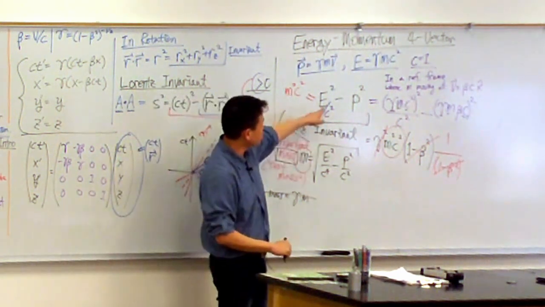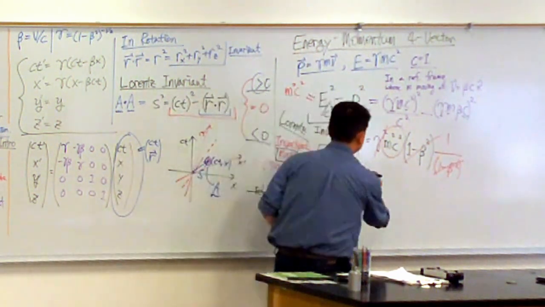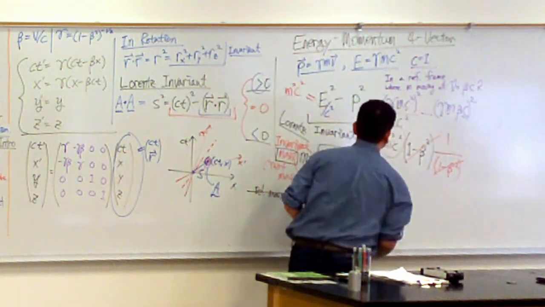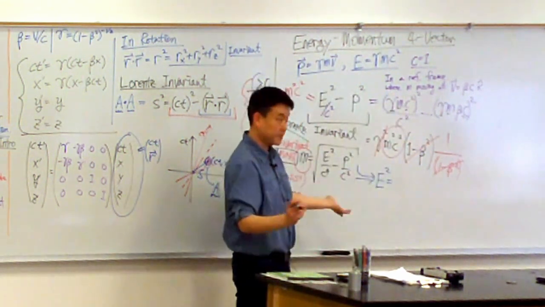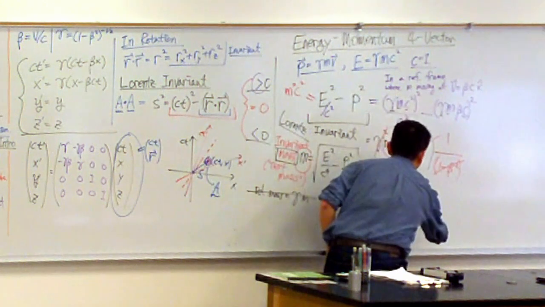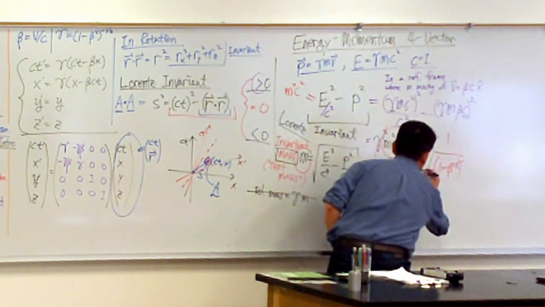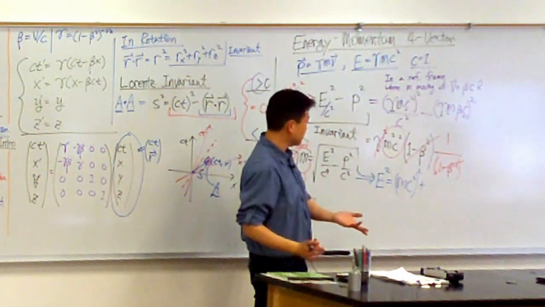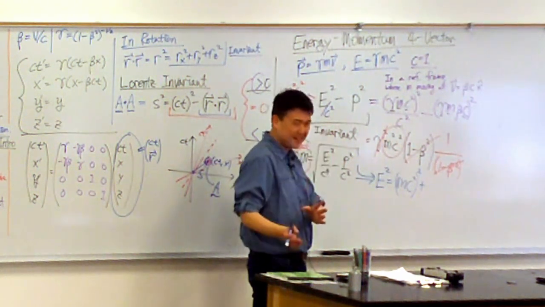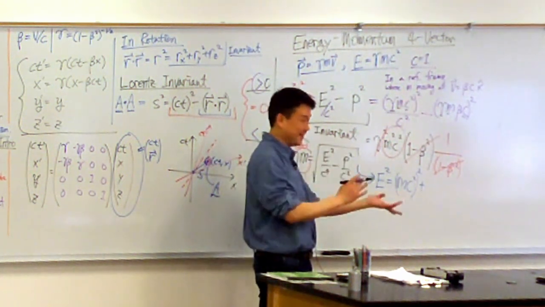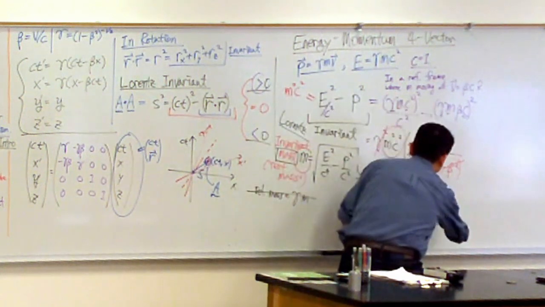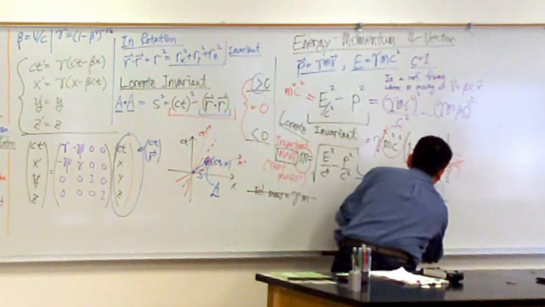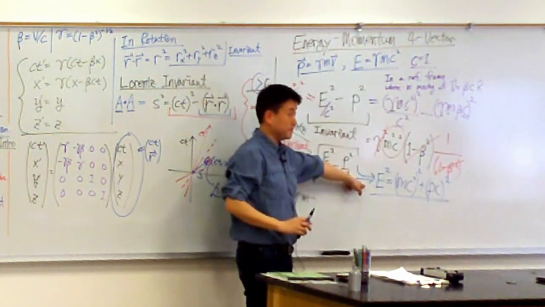You could express it for energy: E squared is equal to the rest energy squared, mc squared, plus... and what is kinetic energy? Well, it's not exactly kinetic energy squared, but it is related to it: pc squared. This is what some people would call the mass-energy relationship.